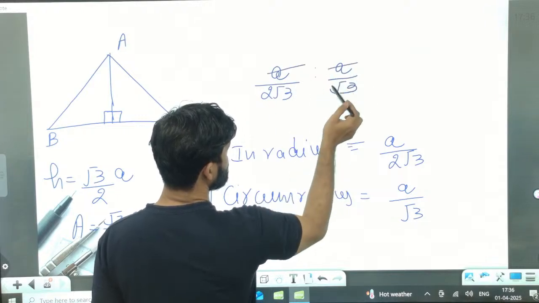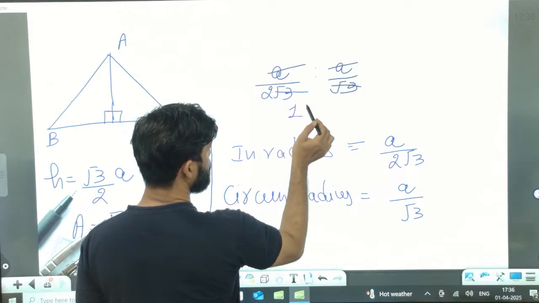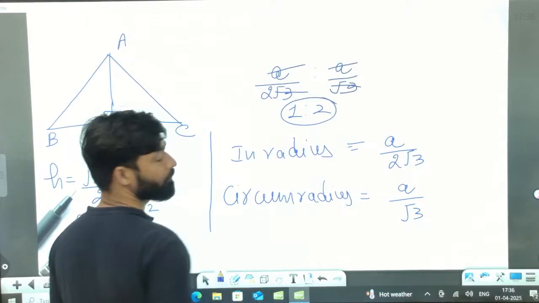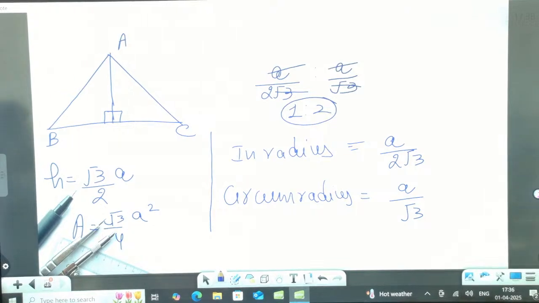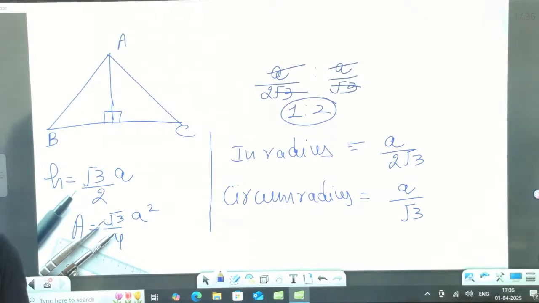Cancel this, so it will be 1:2. So from here you can derive one thing, that the outer radius or the circumradius is exactly double the in radius in an equilateral triangle. Okay, any problem? No problem. Good.